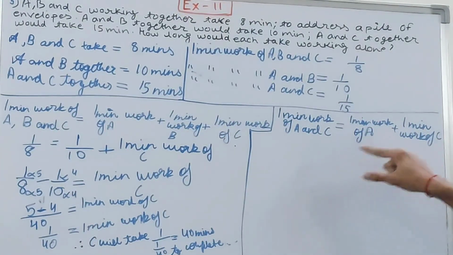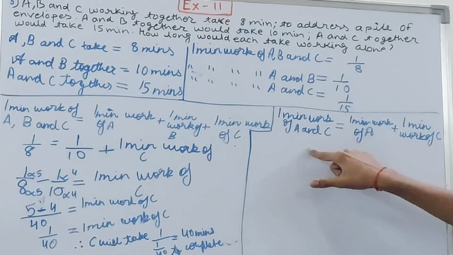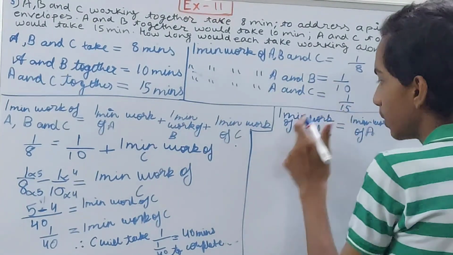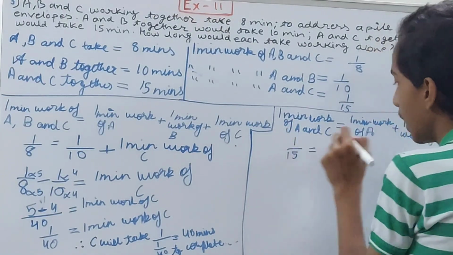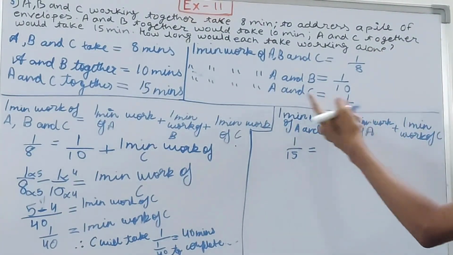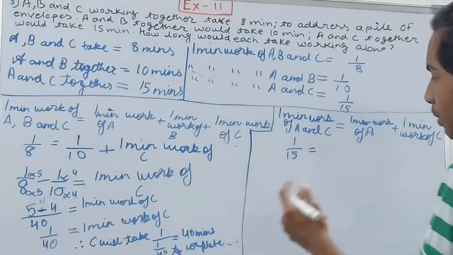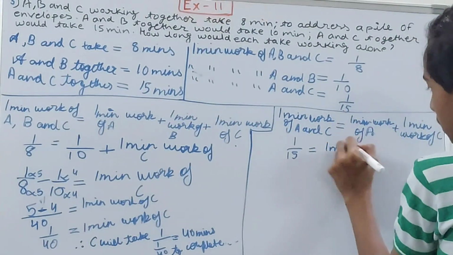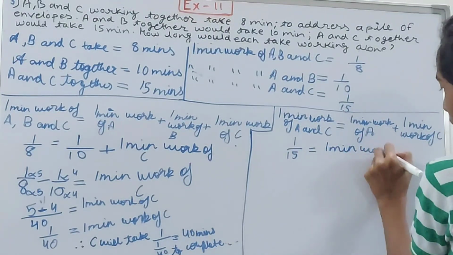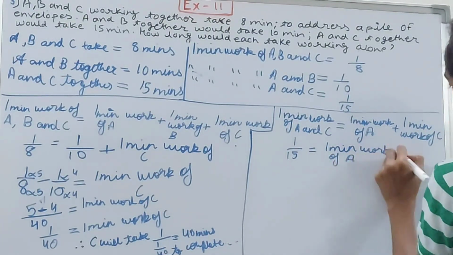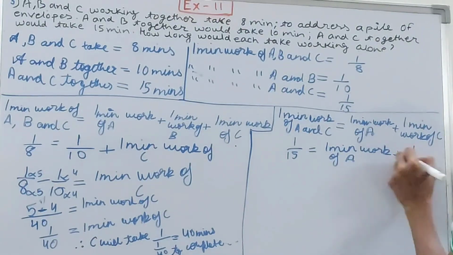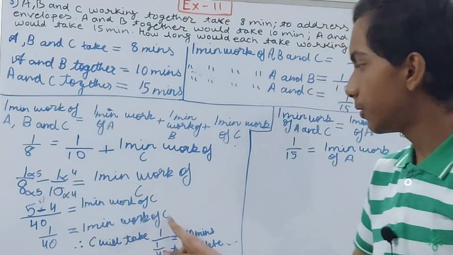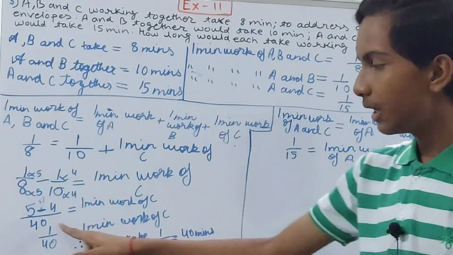A and C here and A and C over here, both are same thing, right? 1 minute work of A and C combined, this is my 1 by 15, and 1 minute work of A is what we don't know. 1 minute work of C is given to us, so I write it this way: 1 minute work of A plus my 1 by 40, because 1 by 40 is the 1 minute work of C. We don't need this 40 minutes, we need 1 by 40.